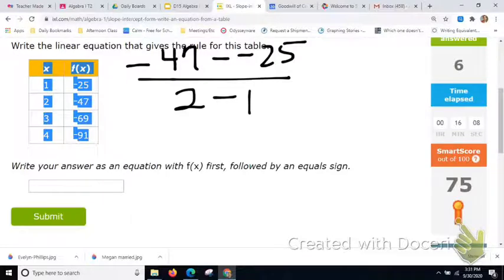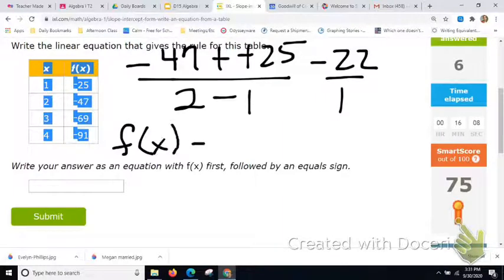Well, 2 subtract 1 is just 1. So this is just going to be a nice whole number. I get negative 22. So that's my m. So I know I'm going to have f of x equals negative 22 times something. And if I do negative 22 times 1, I do not get negative 25. So it is going to have something at the end.